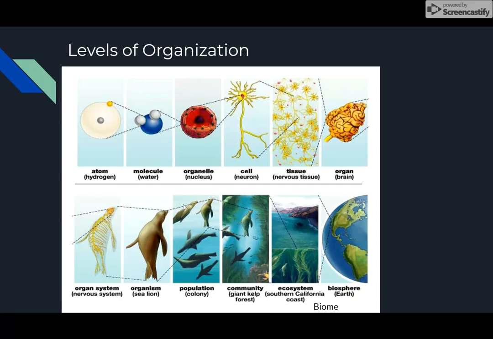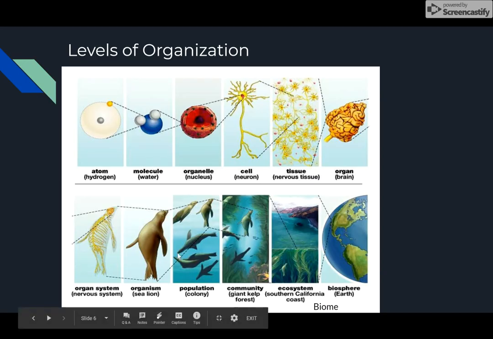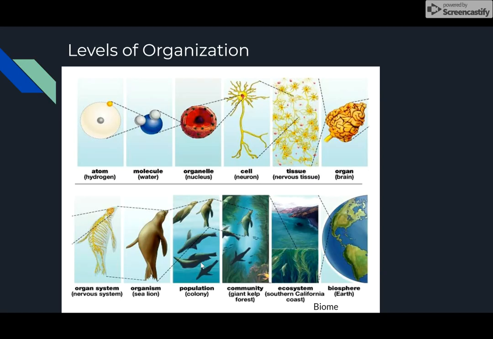That organism is part of a species, and the way we reference that in the levels of organization is called a population. So these are all the living things of the same species living in an area. Then we have the community, which is all the biotic factors living in an area. So this would include the large kelp forests.